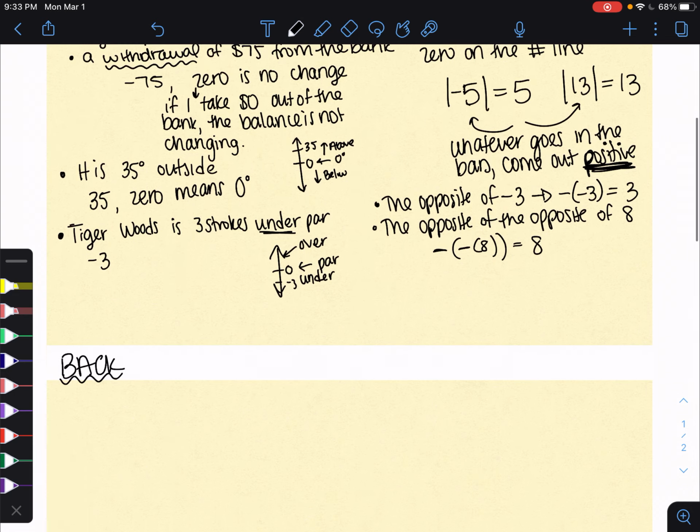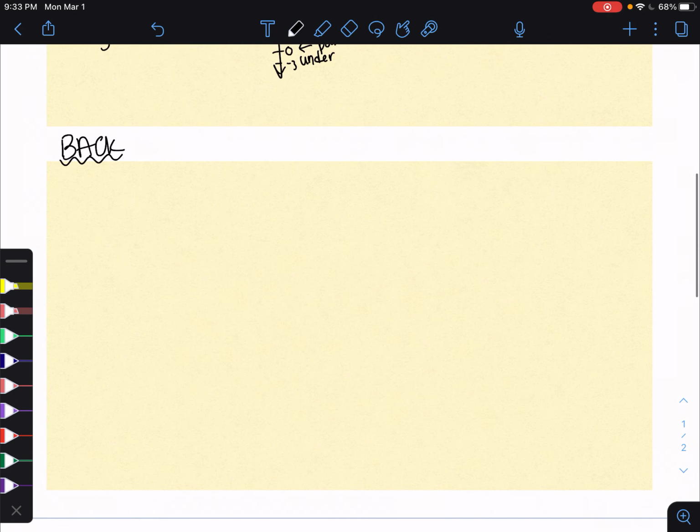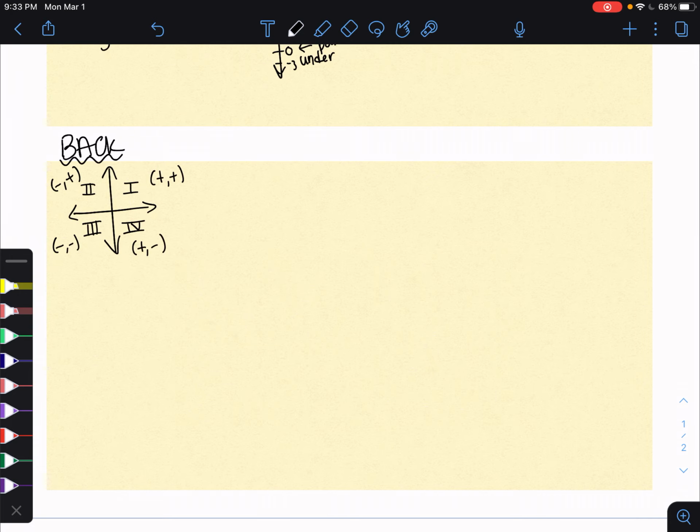Next thing is the quadrants and the axes. So I'm going to come back here. Here's 1, here's 2, here's 3, and here's 4. 1 is plus plus, 2 is minus plus, 3 is minus minus, and 4 is plus minus.